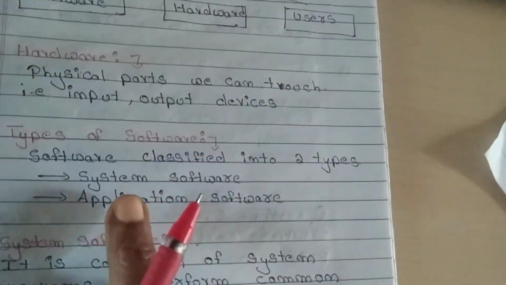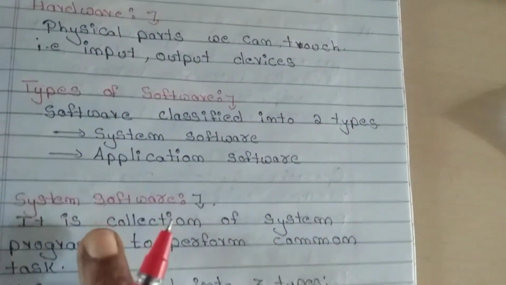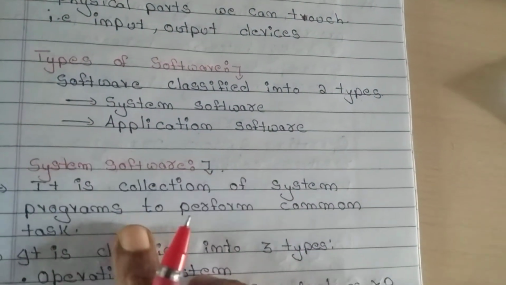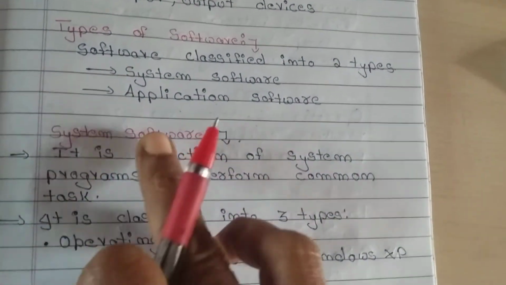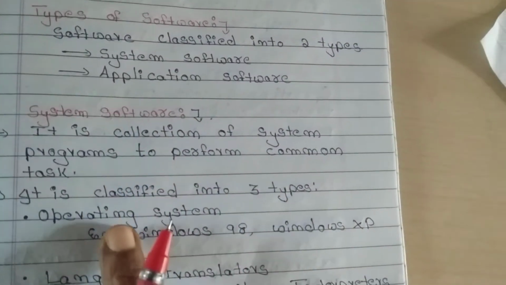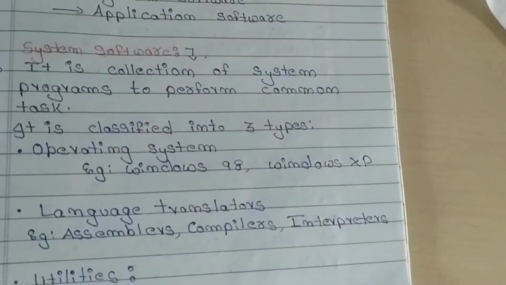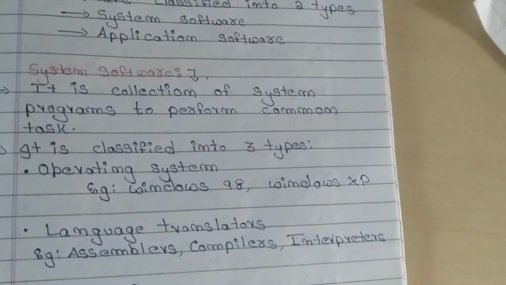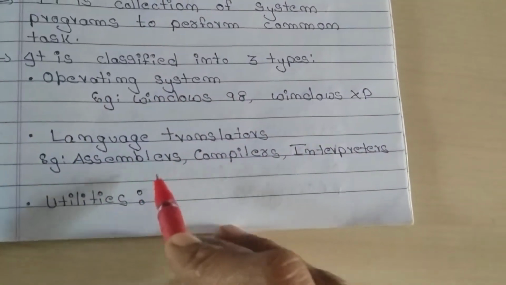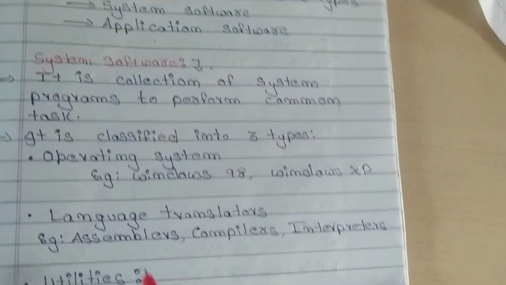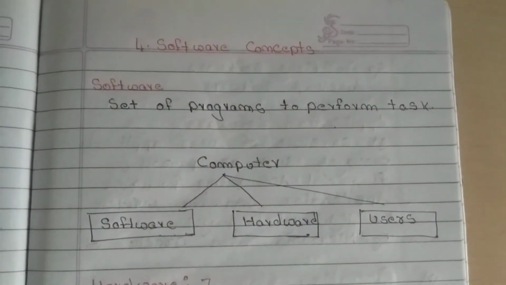Types of software: system software and application software. What is system software? System related tasks are done with the help of system software. System software is classified into operating system, language translators and utilities. Now take a screenshot and read.